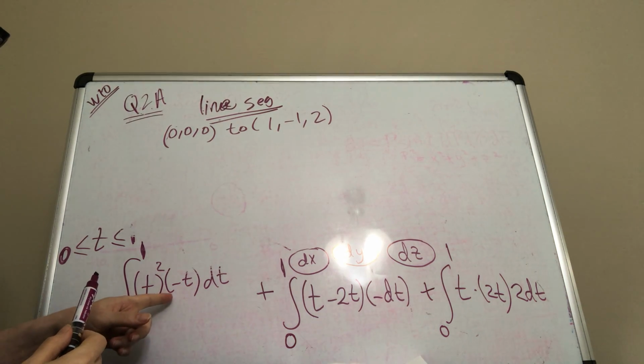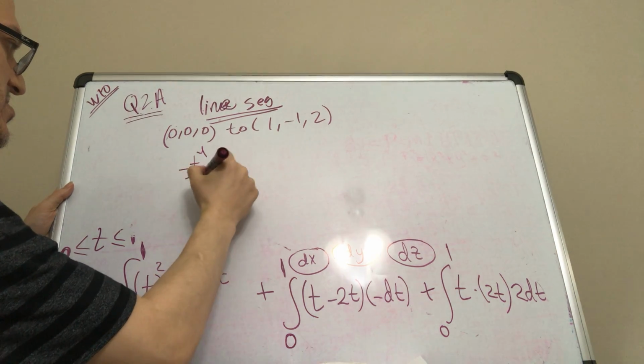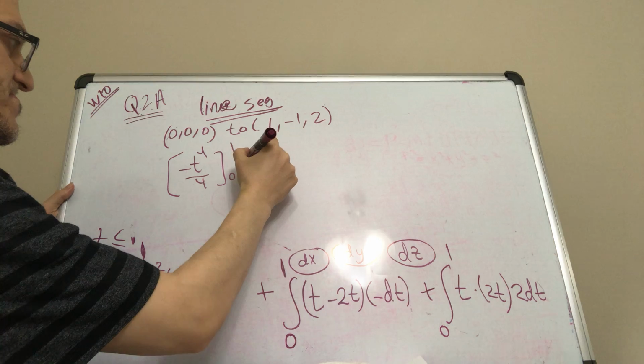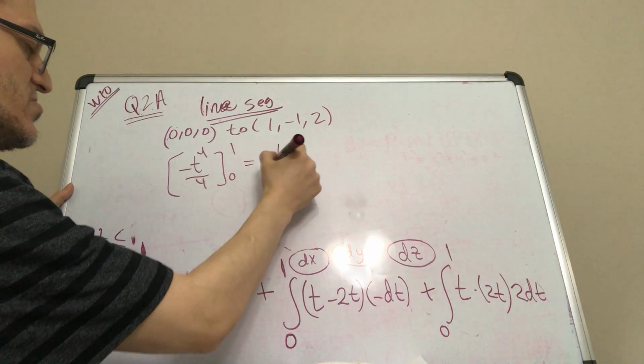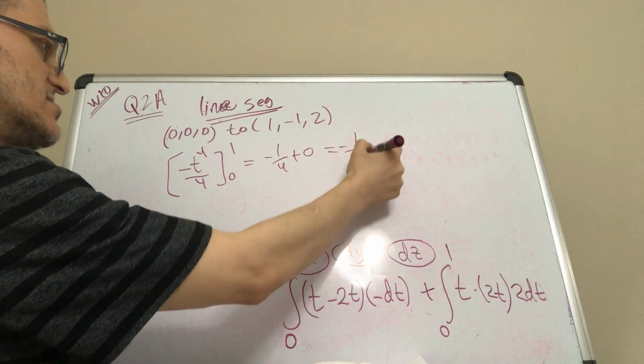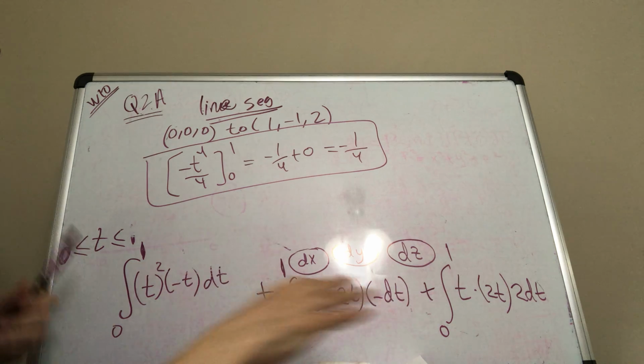The first one is negative t cubed, and the integral is t to the 4 over 4, 0 to 1. And that would be negative 1 over 4 minus 0. So the answer for the first integral is minus 1 over 4.